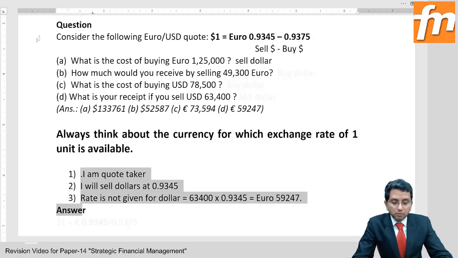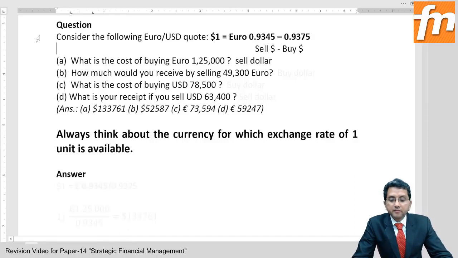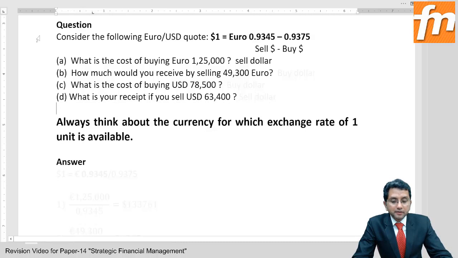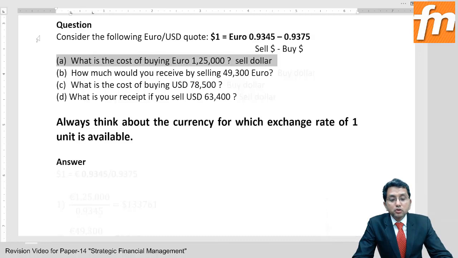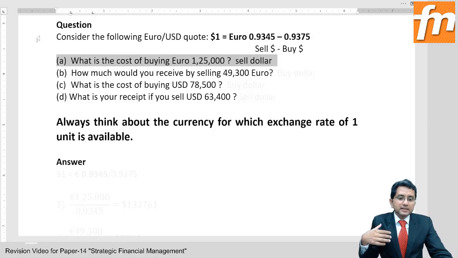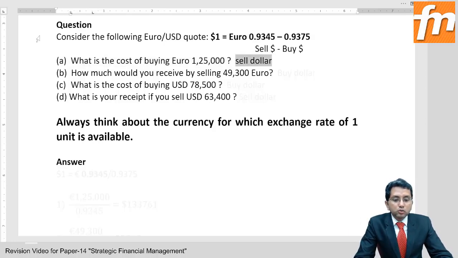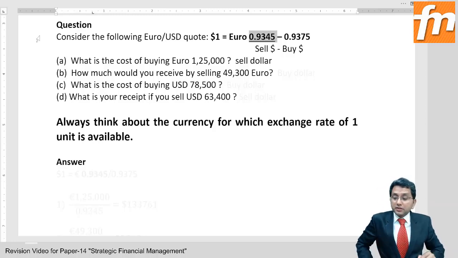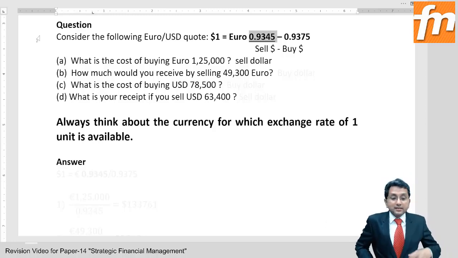Now look here. What is the cost of buying euro 1,25,000? See, I'm buying euro. It means I'm selling dollar. So you just need to think about selling the dollar. You can sell dollar at 0.9345. So first of all, out of the two rates available in the question, you are able to identify the rate which is relevant for you, and that rate is 0.9345.